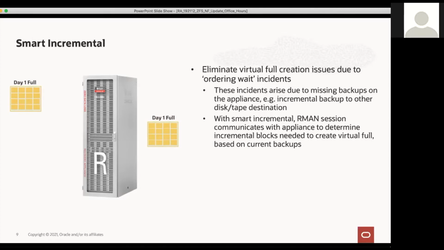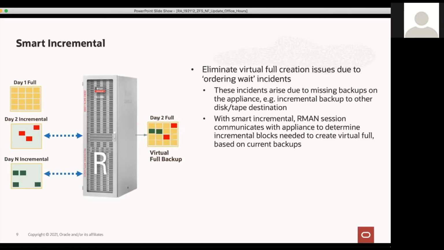There's no new parameters or anything else that has to be set. It's enabled by default on the RA. It's available to all supported database versions and RMAN clients. Does not require a new RMAN or patch or any kind of DBMS side patch there.